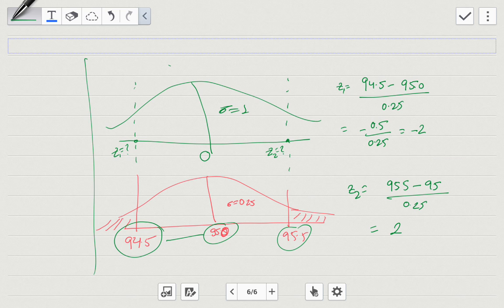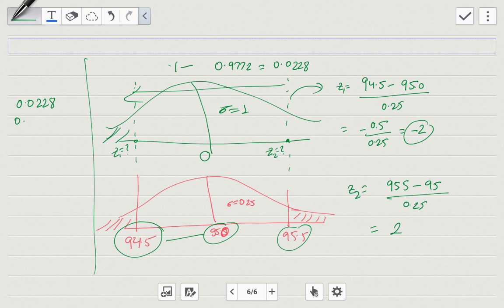If I look at the normal distribution table at the back of the book, equivalent to this minus 2, the left here is equal to 0.0228, and left of positive 2 is 0.9772, but we are only interested in the right of this, so it is 1 minus 0.9772, making it 0.0228.